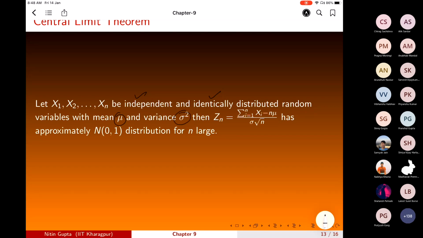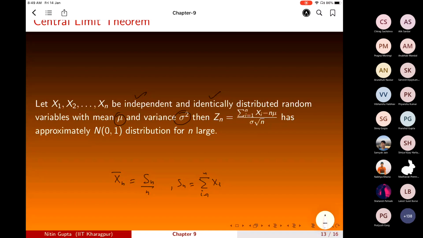They have common mean mu and common variance sigma square. Then summation xi minus n mu upon sigma root of n. That means xn bar, which is Sn by n, where Sn is summation xi.